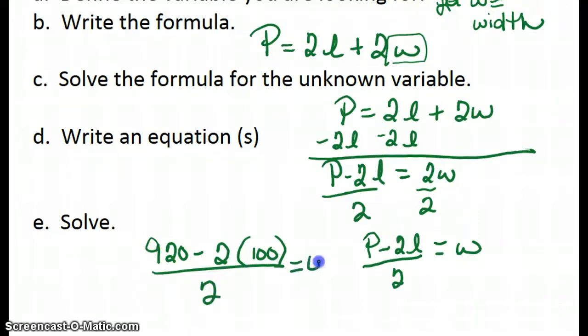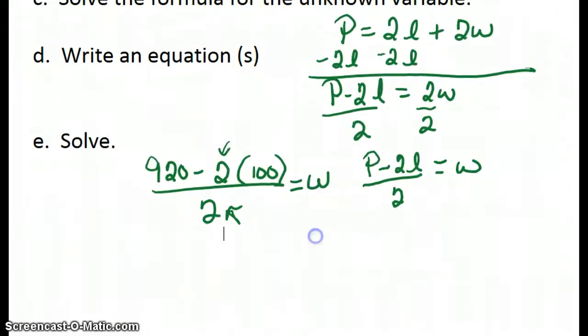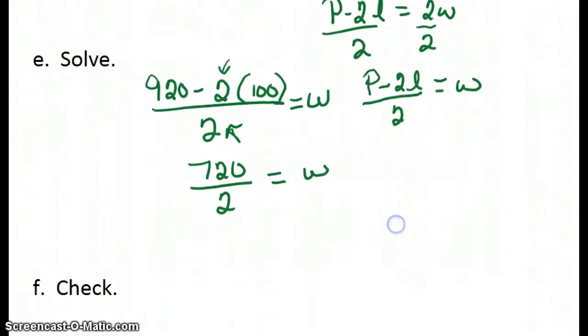It's going to give me my width. Now, remember, you cannot cancel this 2 and this 2. The order of operations says I have to do what's on the top first. So I get 920 minus 200, which is 720, over 2 equals W. Divide that, you get that 360 equals W.